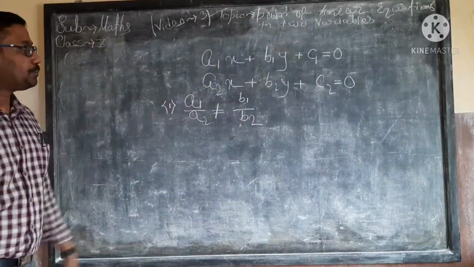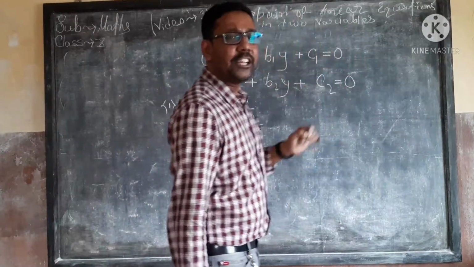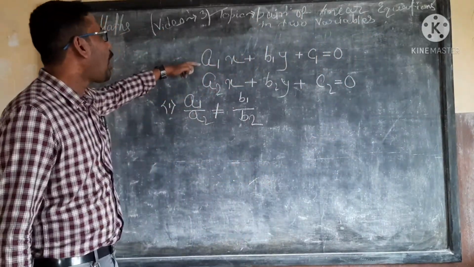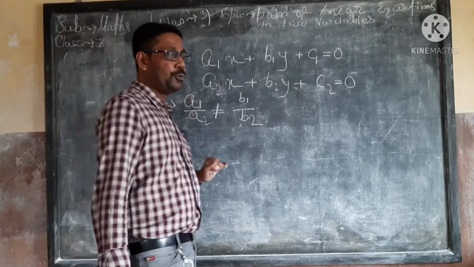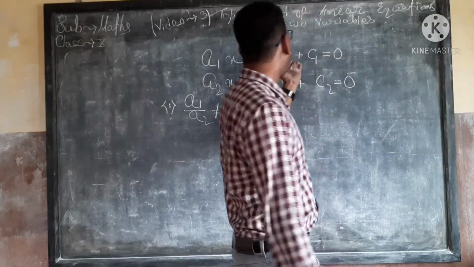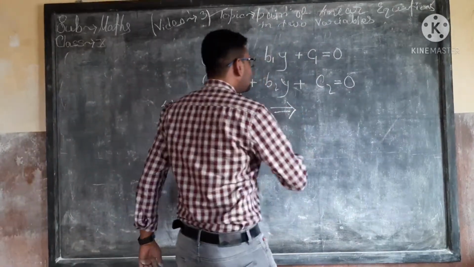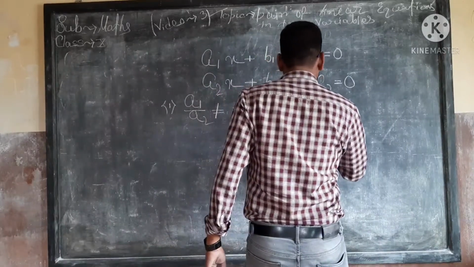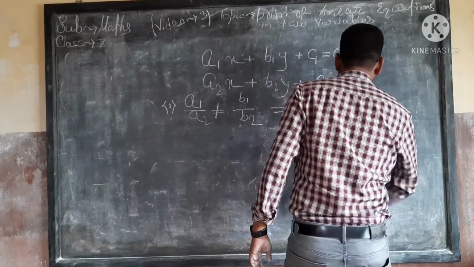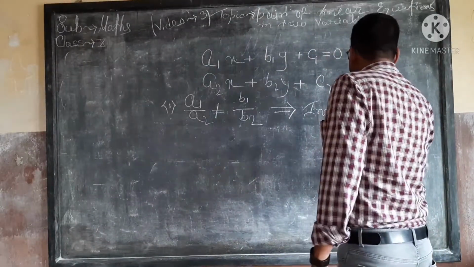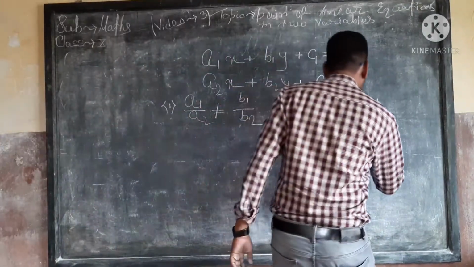That means if you find the ratio of the coefficients of x of the two linear equations, and it is not equal to the ratio of the coefficients of y, then these two straight lines intersect each other, and they have a unique solution, and this is consistent.